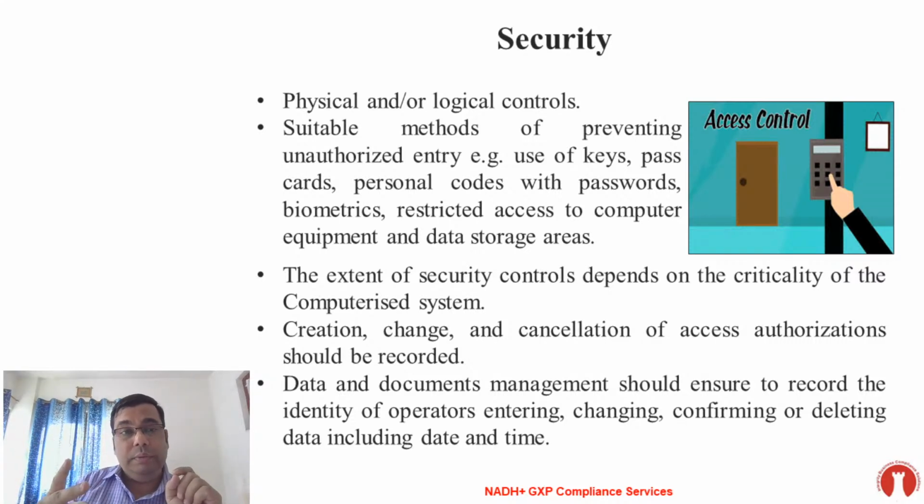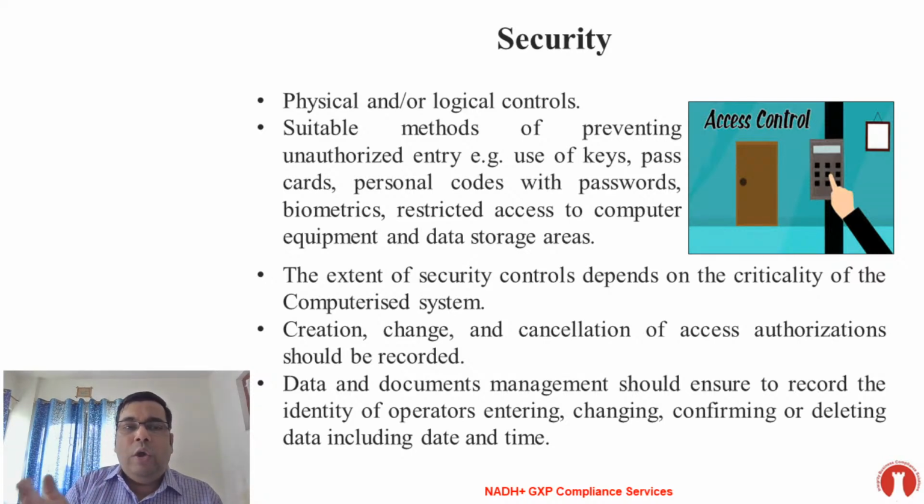Means I want to tell you about the physical control. Many companies have biometric controls, very good, I really like it, but that access control is only allowing opening and closing of the door.